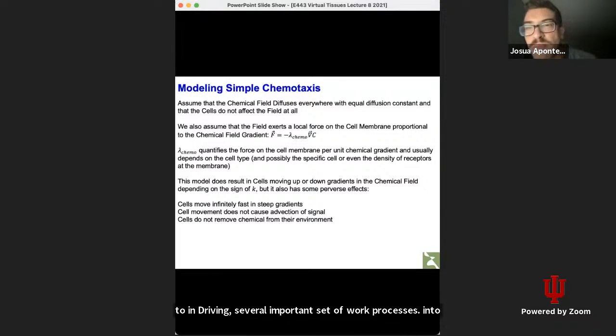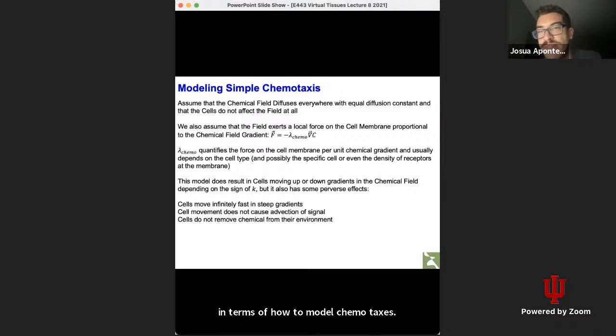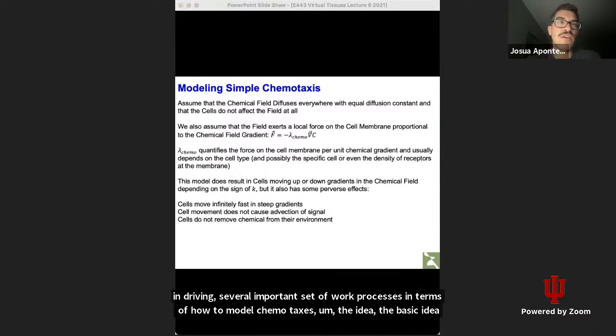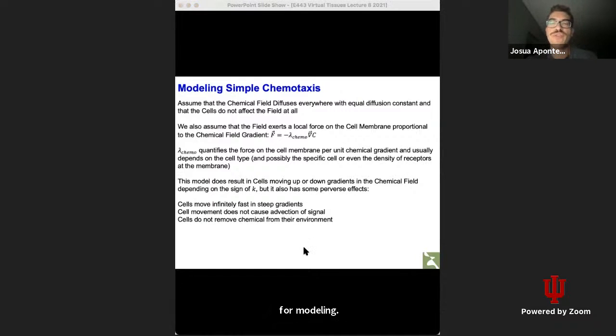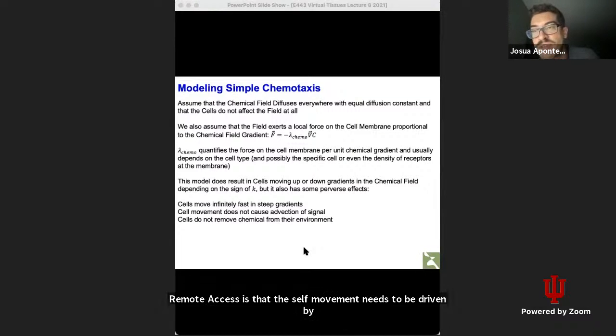In terms of how to model chemotaxis, the basic idea is that the cell movement needs to be driven by the gradient of the field at the cell surface, right?